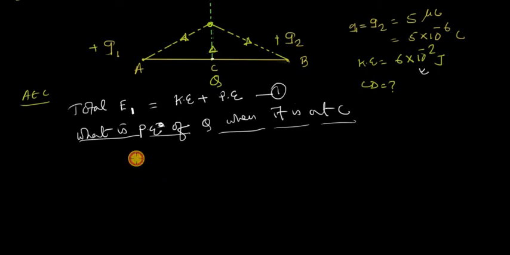Now the potential energy at the point C is called initial potential energy.